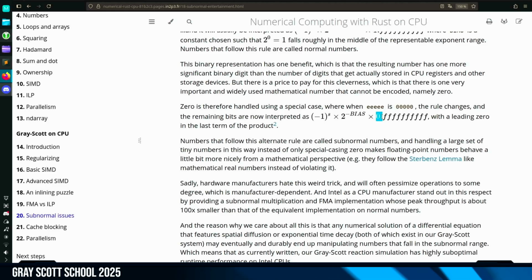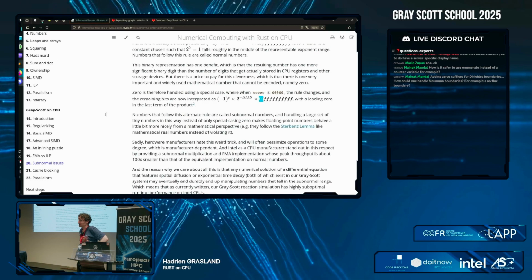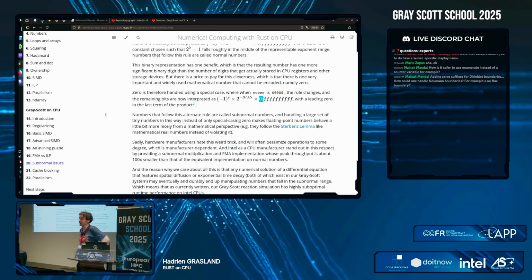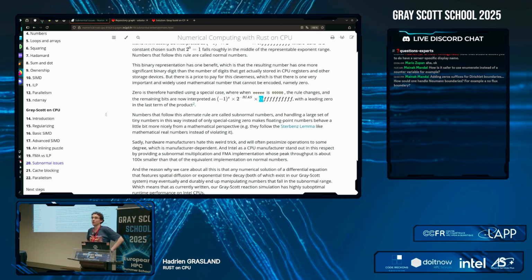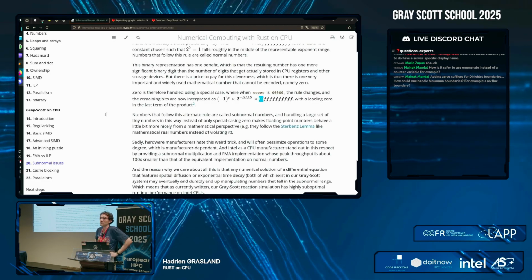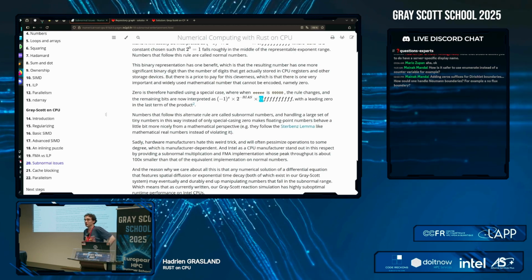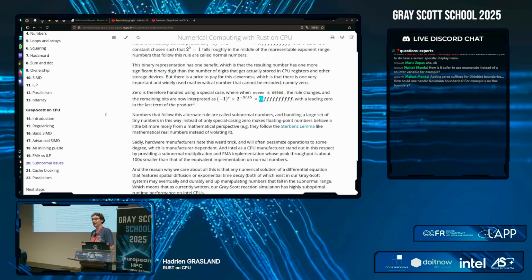Saying that an all-zero exponent is special is an irregularity. And I have said many times in this course that compiler authors hate irregularity, but hardware manufacturers hate it worse, because compilers are software. You know, you need more complex logic, that's okay, we put in more complex logic. CPUs are hardware. More complex logic means more transistors, it may mean more pipeline steps, it may cause higher latency.